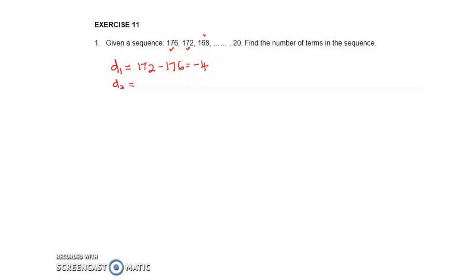So we use T3 and T2: 168 minus 172. This also equals -4. Since the values of the common difference are the same, the given sequence here is an arithmetic sequence. So use the arithmetic formula in order to answer the question.